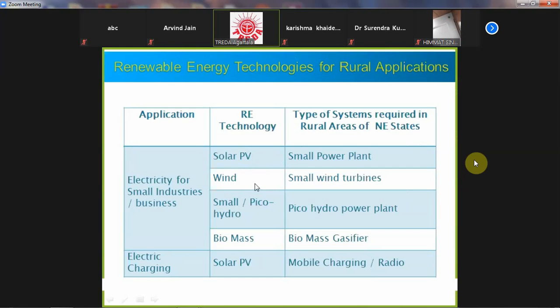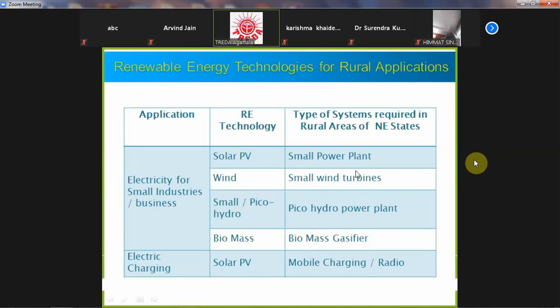Electricity for small industries. If we want to set up small industries in our rural areas, then we can also use this RE technology. Solar PV we can use, wind we can use, and small and pico hydropower plants and biomass. These three resources we can use in rural areas. And which type of system?